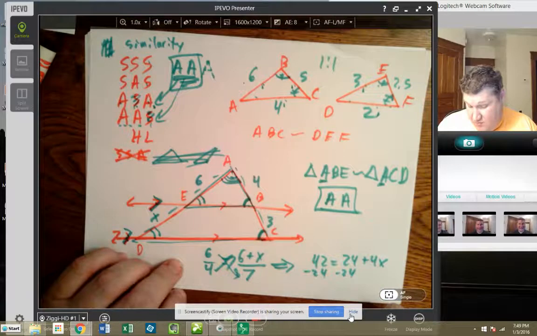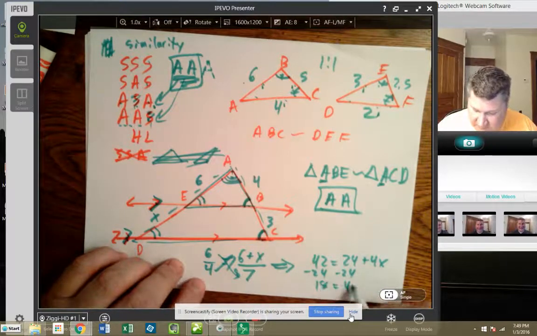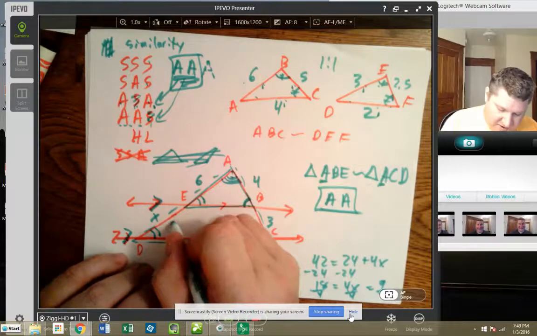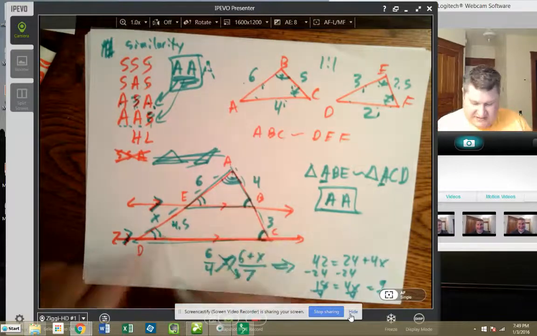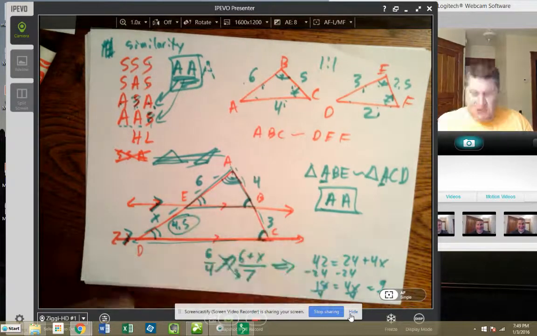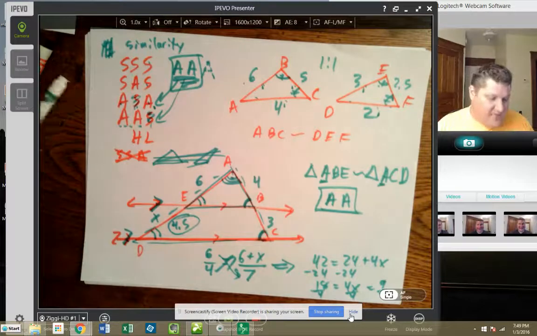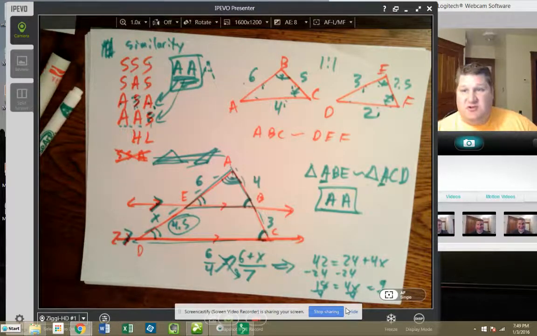And I come up with 42 minus 24 is 18. 18 equals 4x. Divide both sides by 4, and I get 9 halves, which is 4.5, which would make sense. So it is 4.5. So using this information and your basic knowledge of algebra, you should be able to do the homework as assigned.